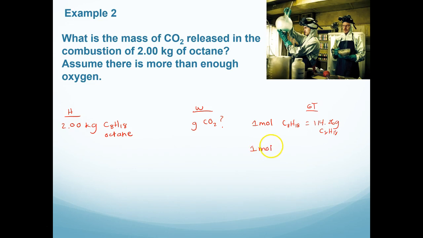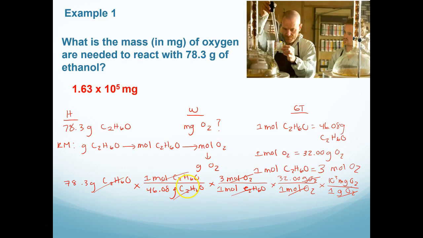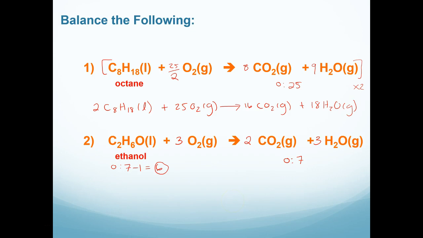For every 1 mole of CO2, it's going to weigh 44.01 grams. We're starting with one thing, we're ending with something else, so that tells us we need a mole ratio, and if we go back to our equation, we can get that mole ratio from the balanced chemical equation that we did before.